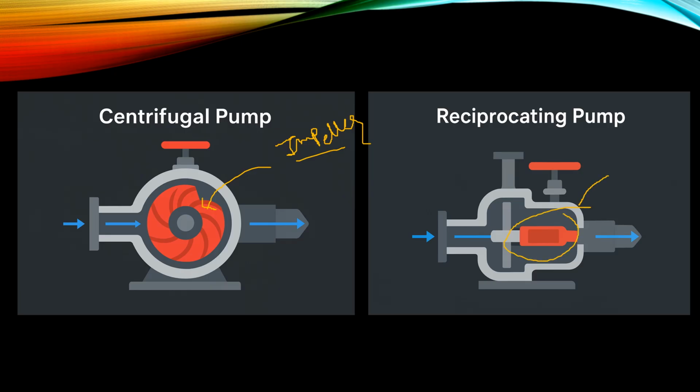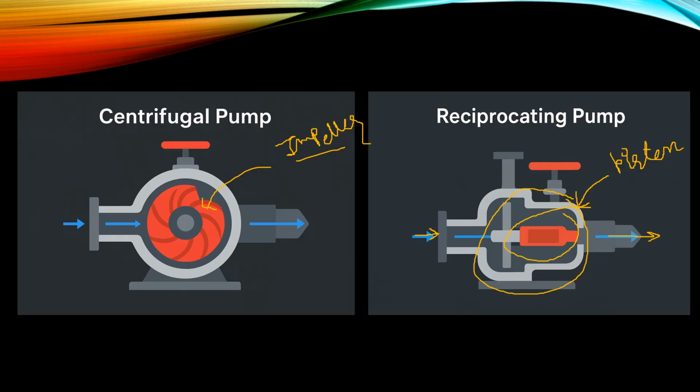So this is the piston. Okay, and this is the cylinder. So in the cylinder we have the piston. The piston moves back and forth, and we have the suction and the discharge line.